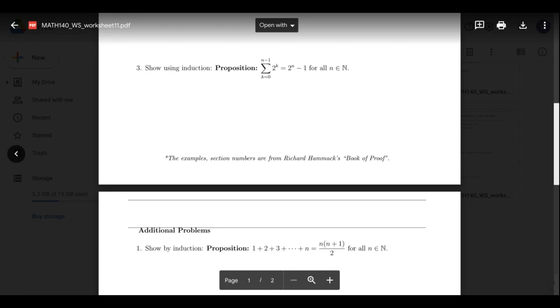So you need to write it in the form 2 raised to n plus 1 minus 1. Xiaoming, you're not using P of n plus 1 to prove. You use P of n to prove P of n plus 1.